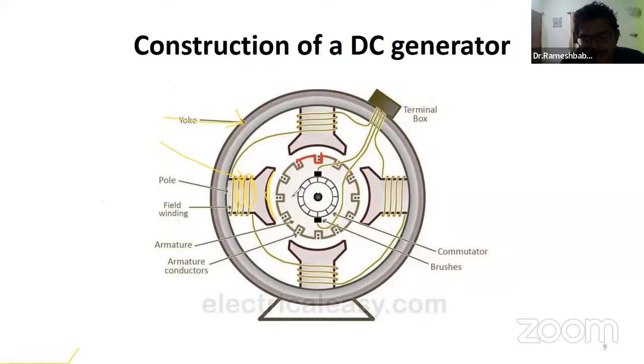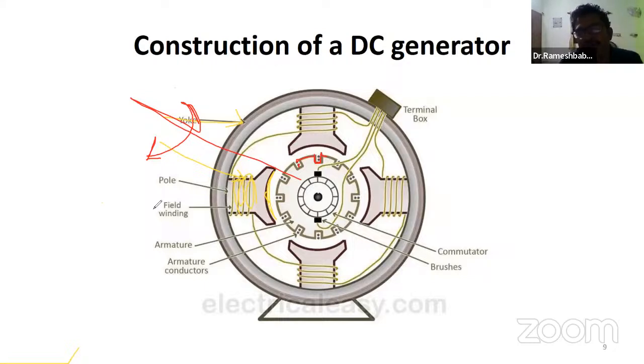And then here we need to provide a prime mover, because as we discussed, we require mechanical energy as an input. So we provide mechanical energy input to the rotor of the machine so that it starts to rotate, as a prime mover is connected.